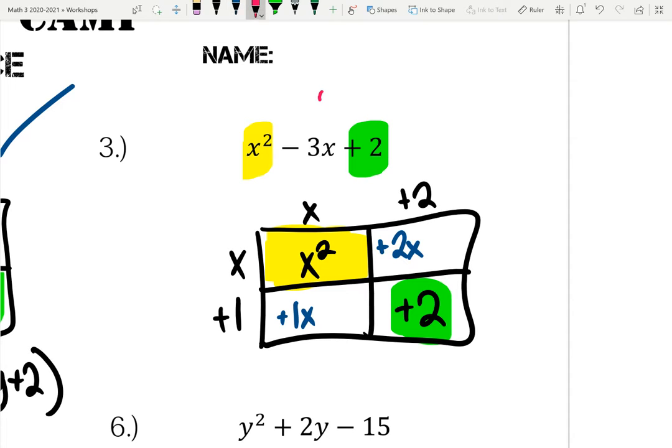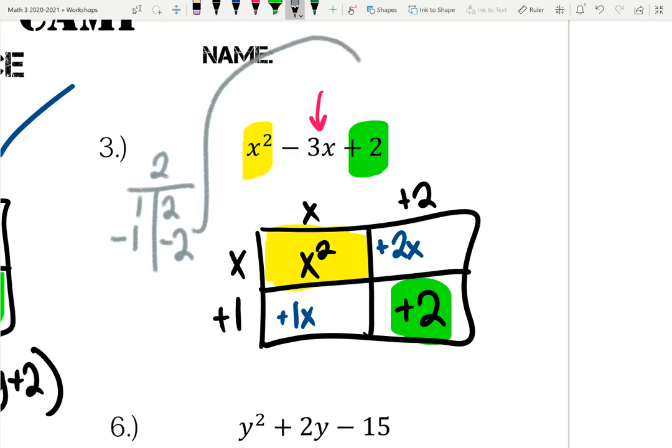But wait, I need it to be negative. Oh, wait, if I look at the factors of 2, I know that 1 times 2 results in 2, but a negative times a negative is a positive. I can force a negative sum even though the product is positive.